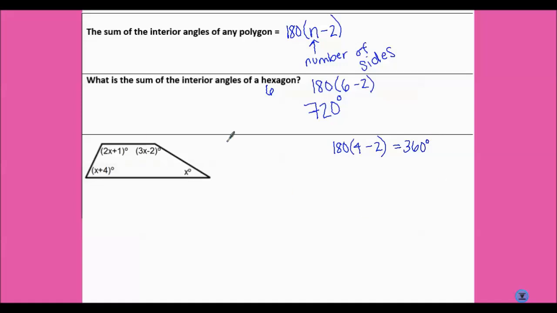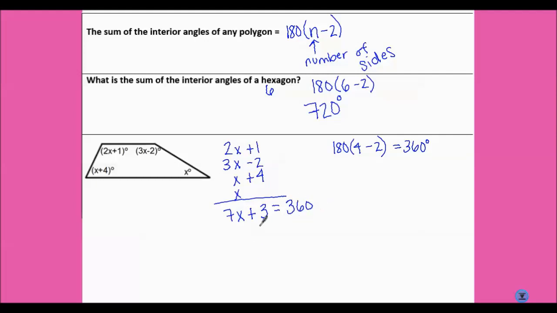So we need to add up all these angles. And I'm going to write them in a list to make them easier to add together and line up all my like terms. So 2 plus 3 plus 1 plus 1 will give me 7x. 1 minus 2 plus 4 will give us plus 3, and we know that it's going to equal 360.